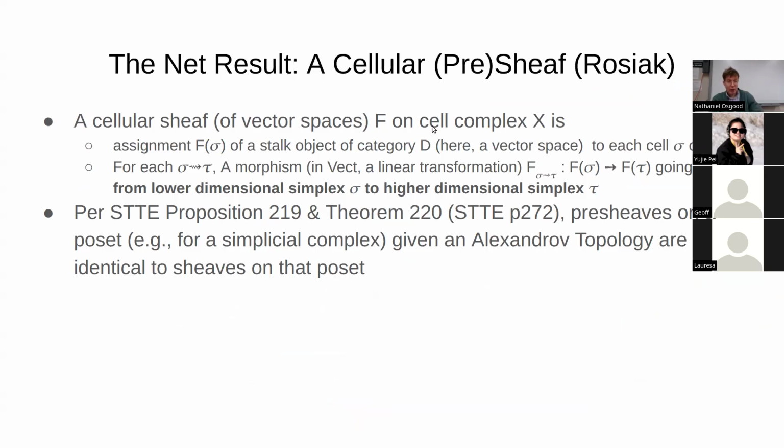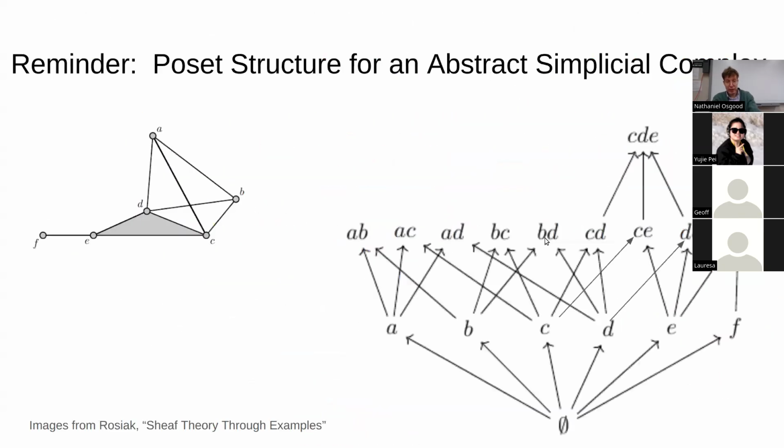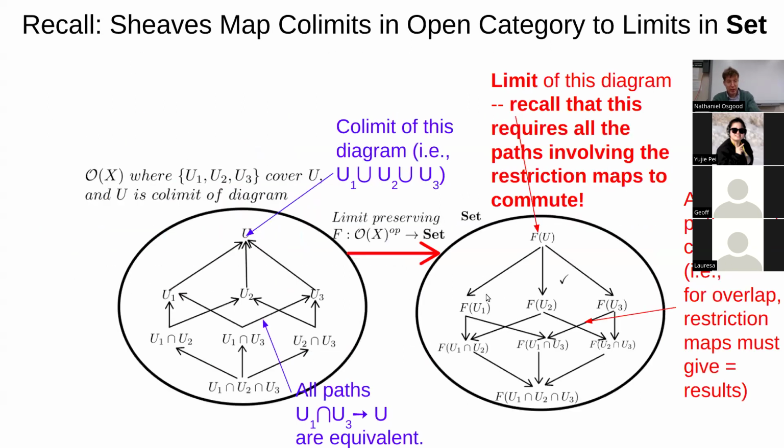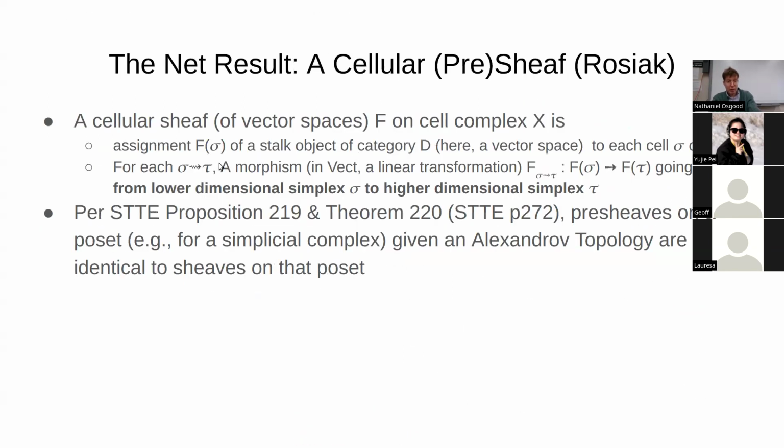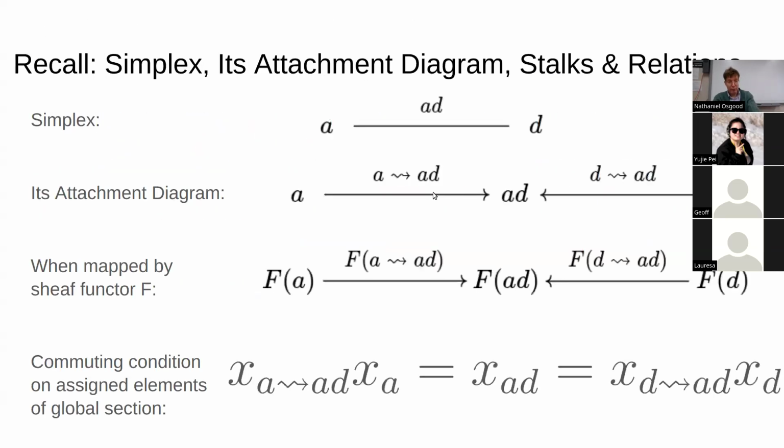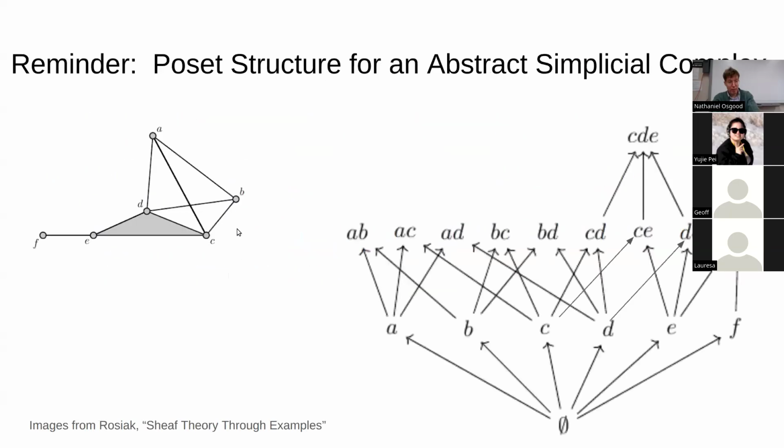So here we go. A cellular sheaf on a cell complex, one of these cell complexes with its face poset like this, consists of an assignment of data for each cell, each simplex of that. So we have a piece of data for this guy, this guy, this guy, this guy.